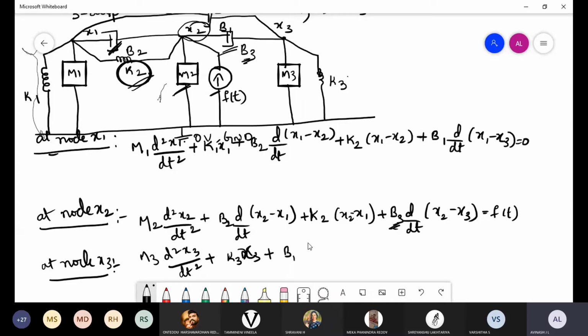So b1 into d by dt of x3 minus x1 plus between x3 and x2 there is a b3. So b3 into d by dt of x3 minus x2, that is equal to 0 because all other terms are considered. So kindly verify whether you got the same answer or not.